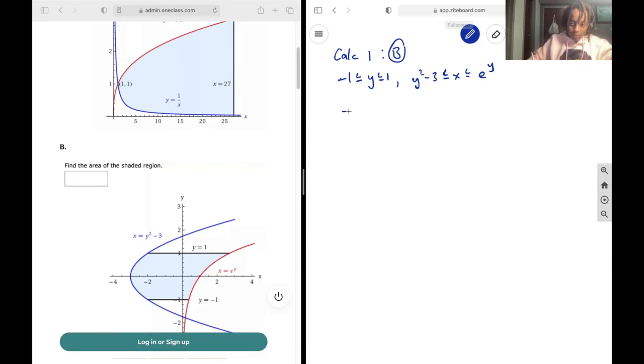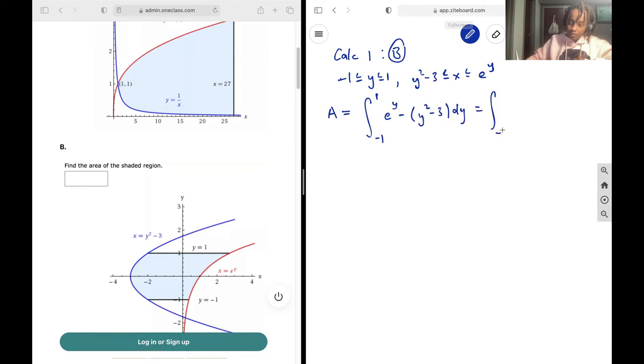So this means that A will be equal to the integral from -1 to 1 of the right function, so e to the y, minus the left function, so y squared minus 3, dy.